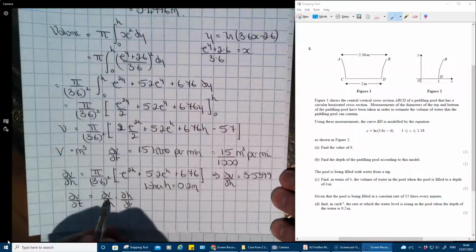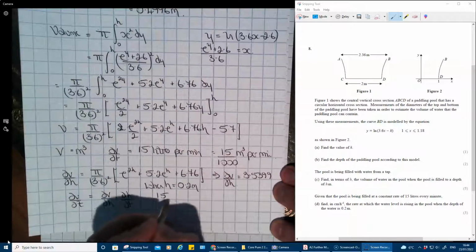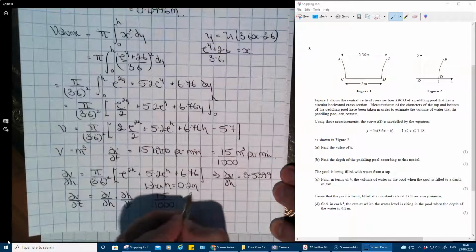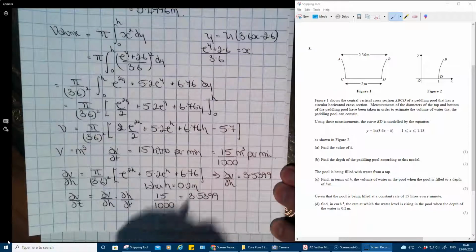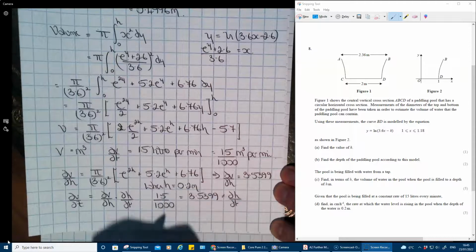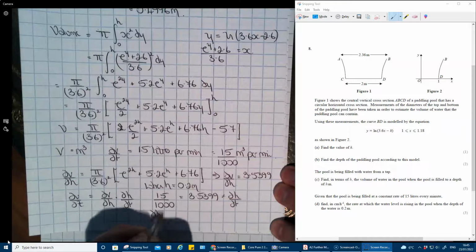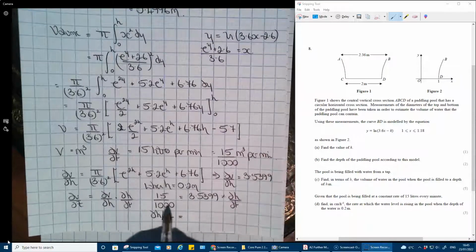On the left hand side, we've got 15 over 1,000 equals 3.5399 times dh by dt. So dh by dt equals 15 over 1,000 divided by 3.5399.